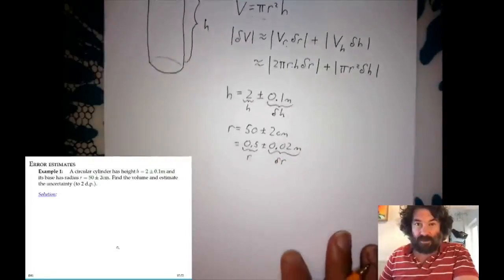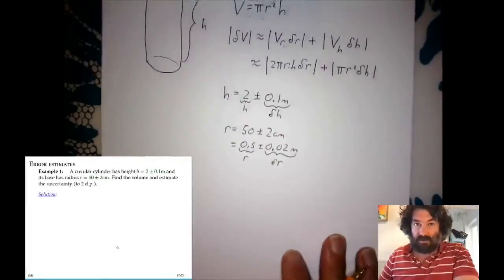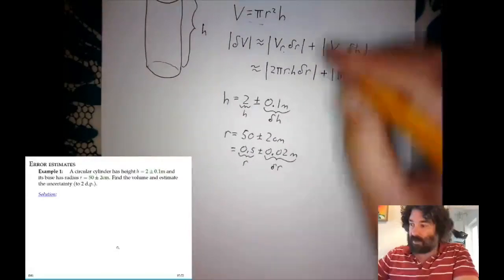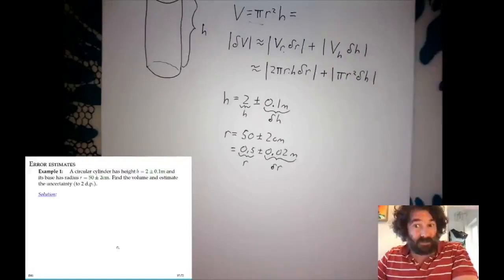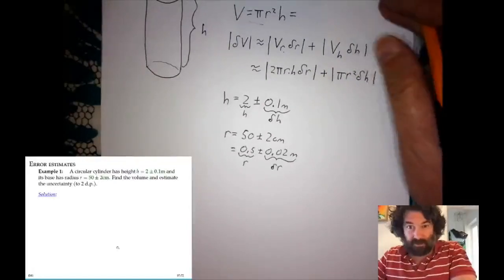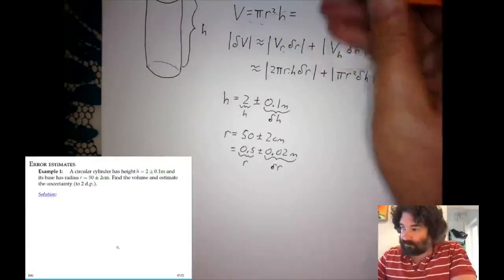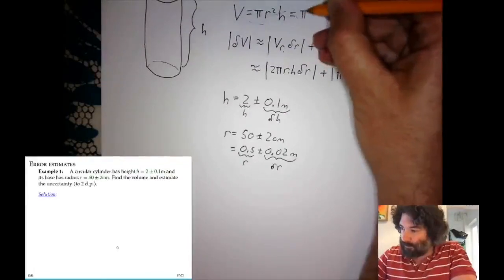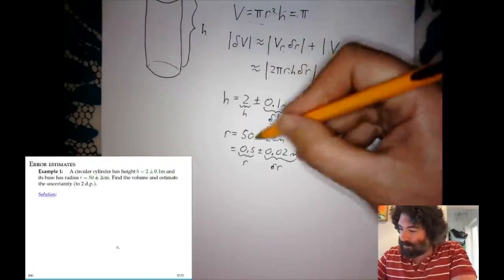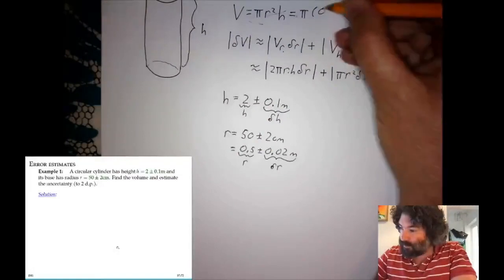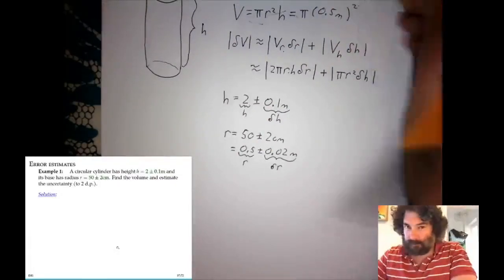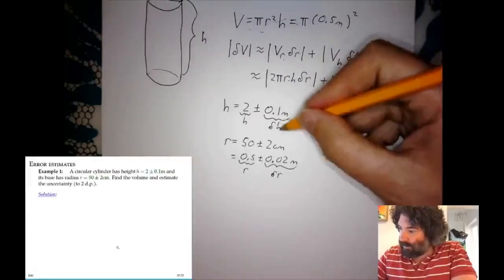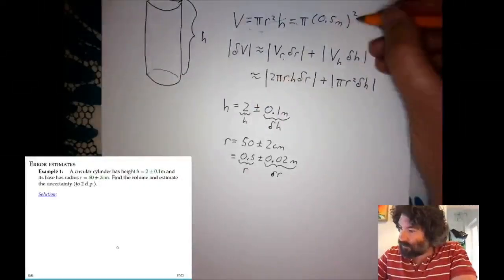Okay, so now we have everything that we need. We can calculate the volume and estimate the error in the volume. So the volume is pi, r is 0.5 meters, and h, 2 meters.